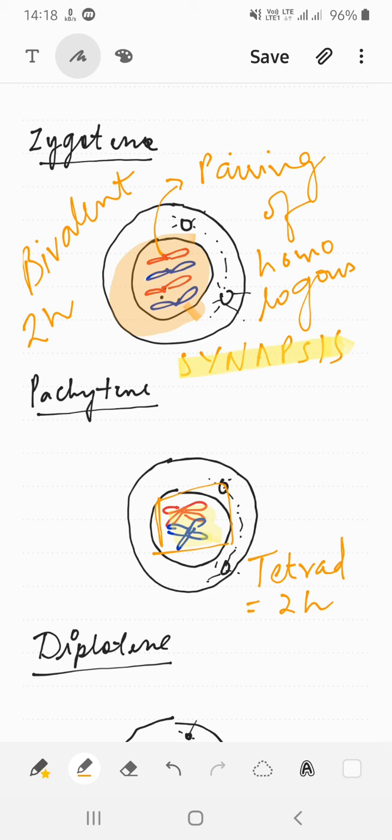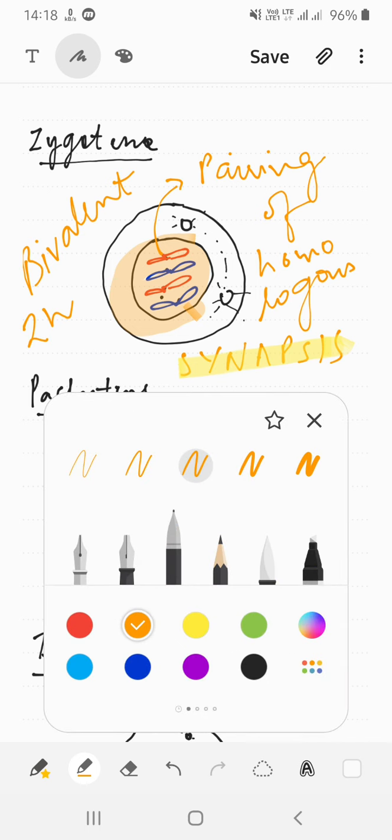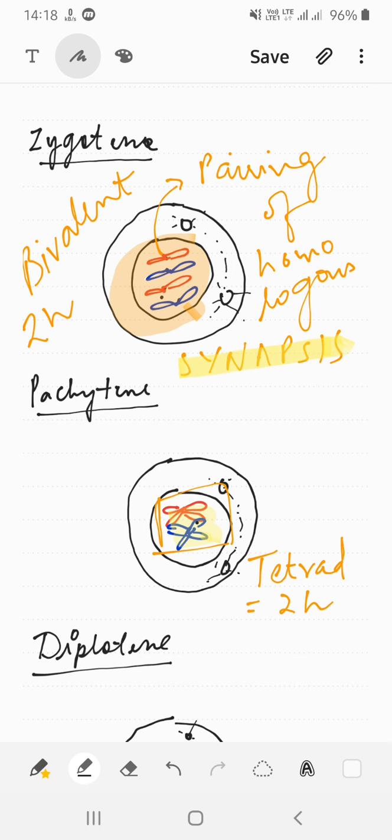And you can see the inner ones which are lying with each other, touching each other, are known as the non-sister chromatids. The ones touching each other on the inside, formed during pachytene from 2 chromatids to 4 chromatids, are known as the non-sister chromatids. And whenever they are touching each other, here the crossing over will take place, meaning the exchange of material, and that is known as your crossing over.